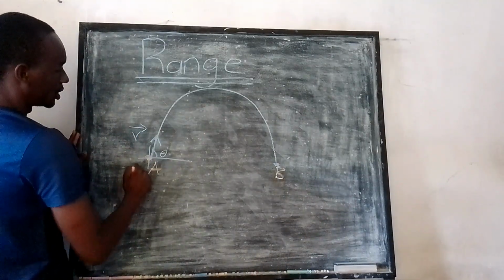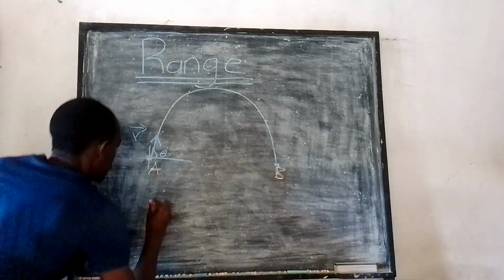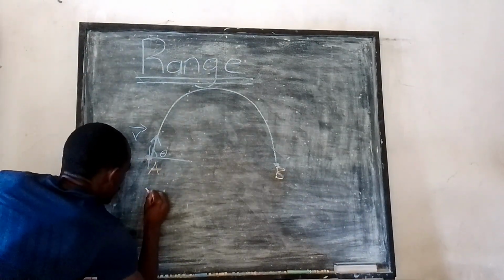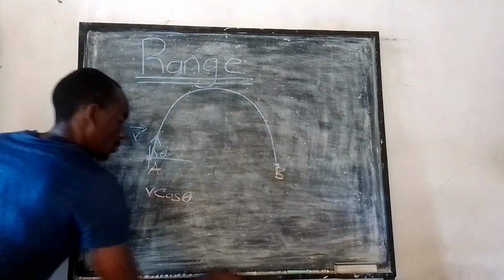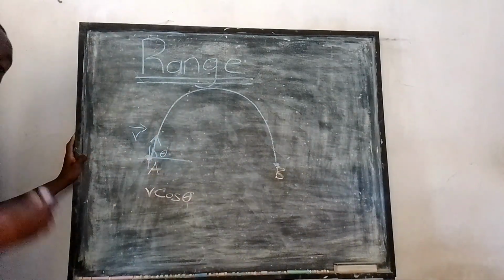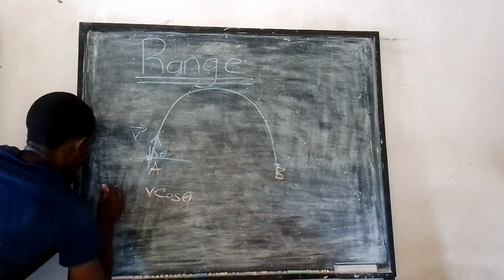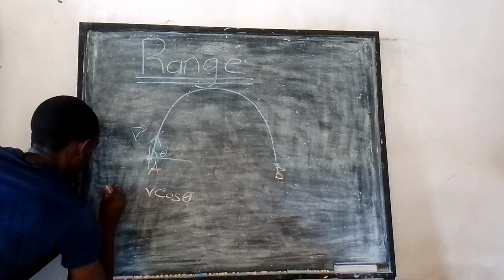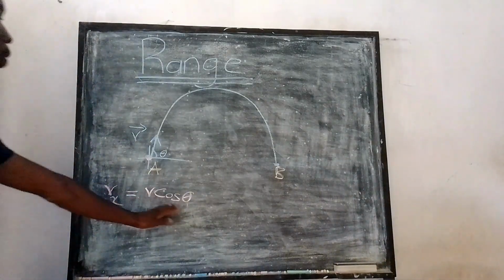Now, remember, when it is launched, this is our angle theta, this is our velocity. Theta is adjacent to the horizontal, so we know that the horizontal component is v cos theta. The horizontal component of what? The horizontal component of the velocity. So the velocity in the x direction, if you choose to call it that, is v cos theta.